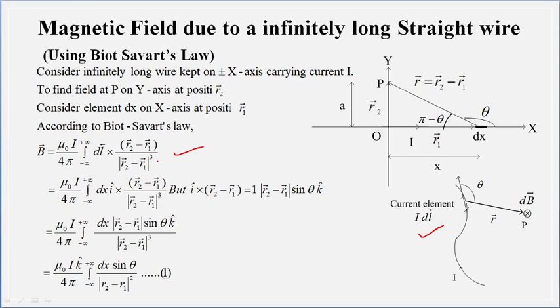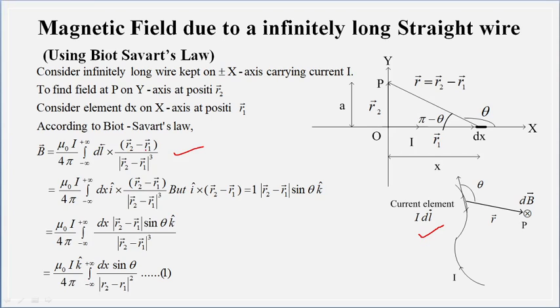So this is the formula for the magnetic field. The total magnetic field due to the full wire at a point P is given as mu naught I divided by 4 pi, integral of vector dl cross vector r2 minus vector r1, divided by the modulus, meaning magnitude, of vector r2 minus vector r1 cubed.